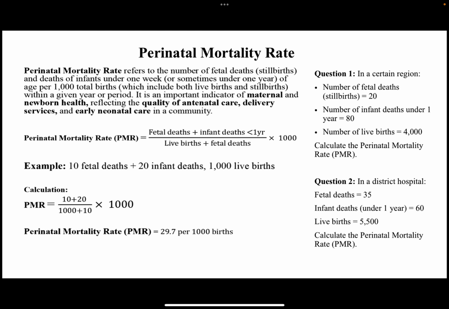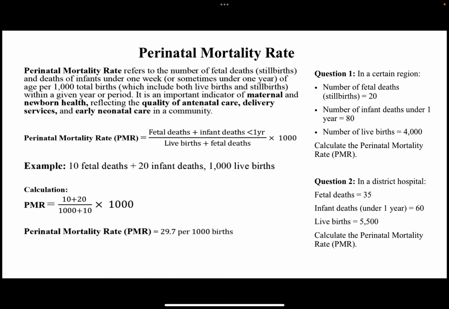That's the perinatal mortality rate. So remember, the perinatal mortality rate is a very important measure in obstetrics and for the midwives. Why? Because it measures the number of fetal deaths and then early neonatal deaths per 1,000 total births. The reason why measuring this indicator is important is because it helps to appreciate the quality of your maternal care.